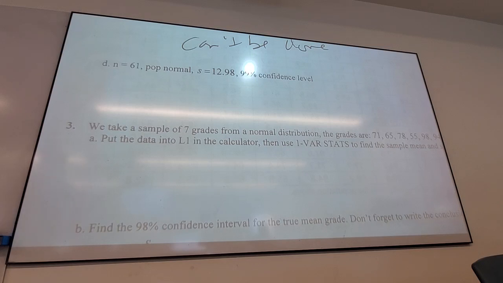A t-score. Okay, so go ahead and figure out what alpha is, look at the right thing, stop at the right place, all the stuff. Do it, don't say anything.